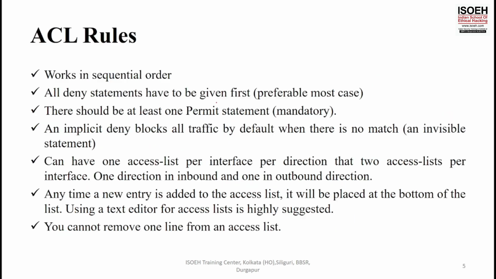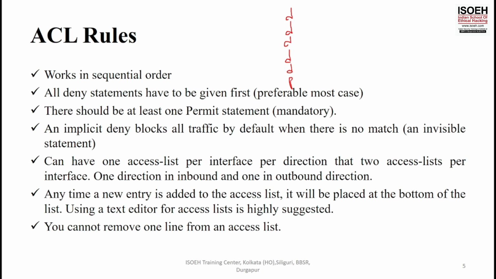There are some rules of ACL when you apply it on a running network. First, keep in mind it works in sequence order. For example, you have 5 deny statements sequentially, and after that one permit statement.